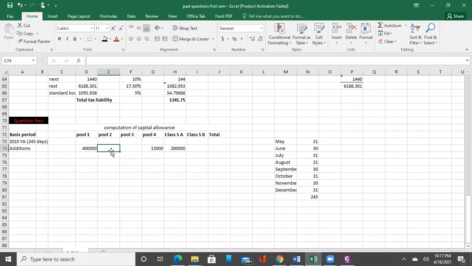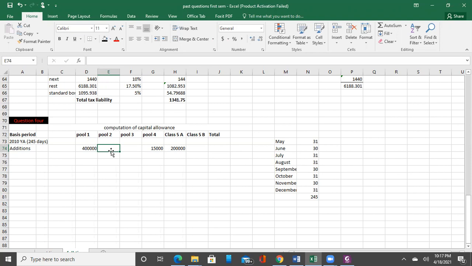All saloon cars before 2013 have a maximum cost of 25,000 Ghana cedis. So before 2013, if there is a saloon car or a private car which capital allowance needed to be granted on and the cost is 80,000, the GRA will allow you a capital allowance up to a maximum of 25,000.